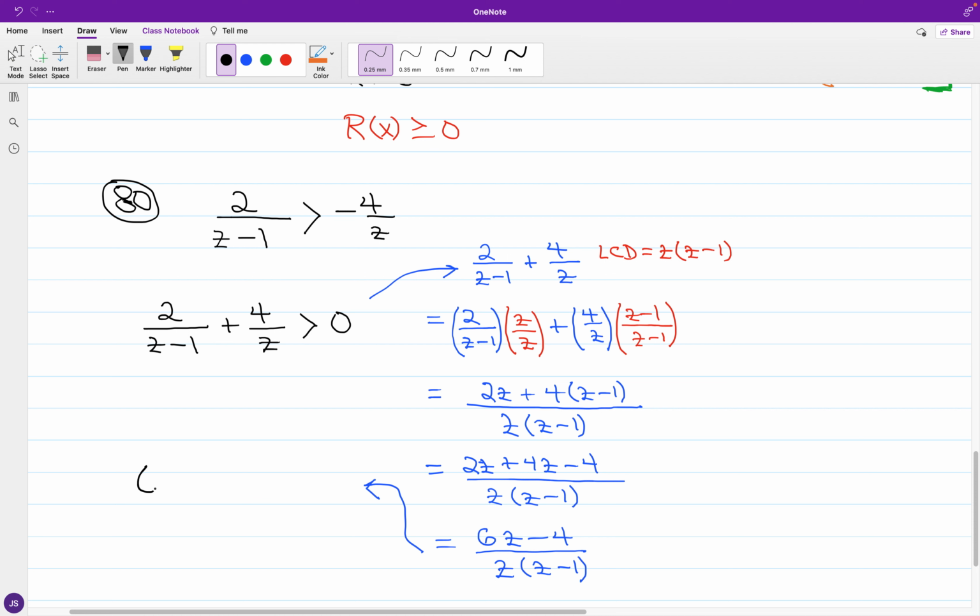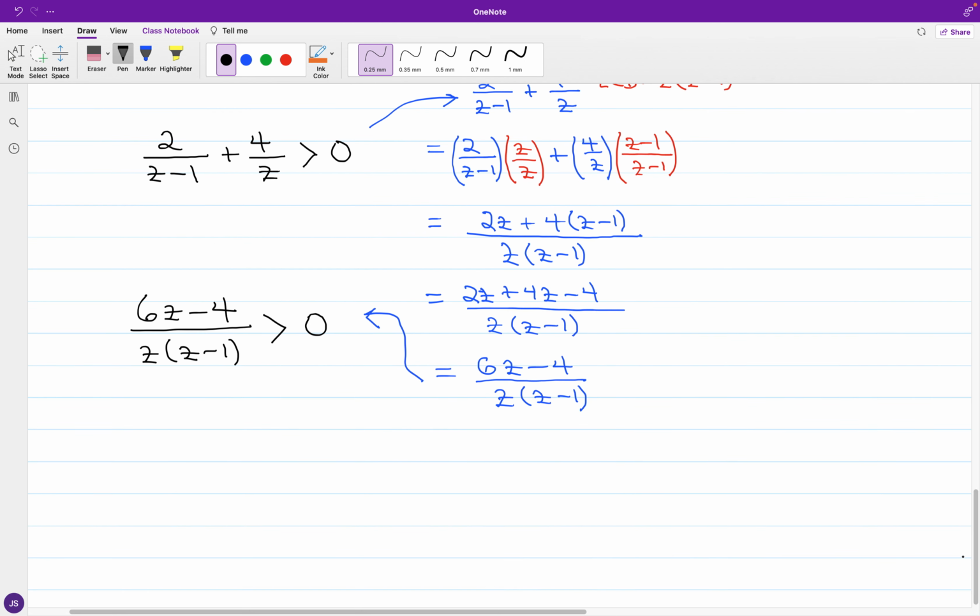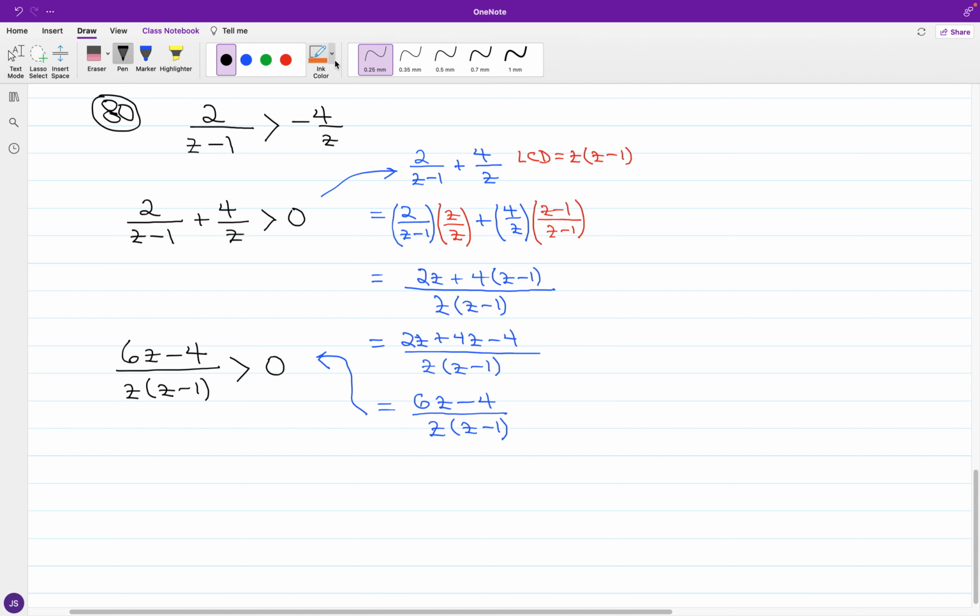So we got 6z minus 4 all over z times the quantity of z minus 1 is greater than 0. Okay. So for the ratio, we have r of z.